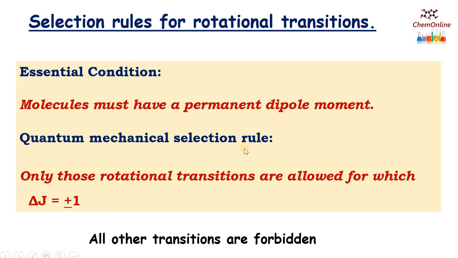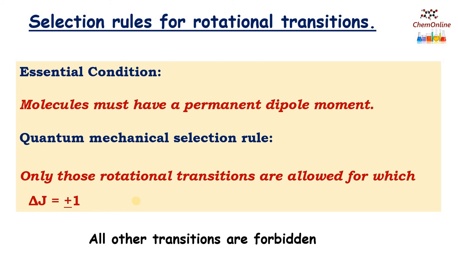So there is a selection rule which determines which transitions are quantum mechanically allowed, which can be stated as: only those rotational transitions are allowed for which delta J equals plus or minus 1. This is the quantum mechanical selection rule.